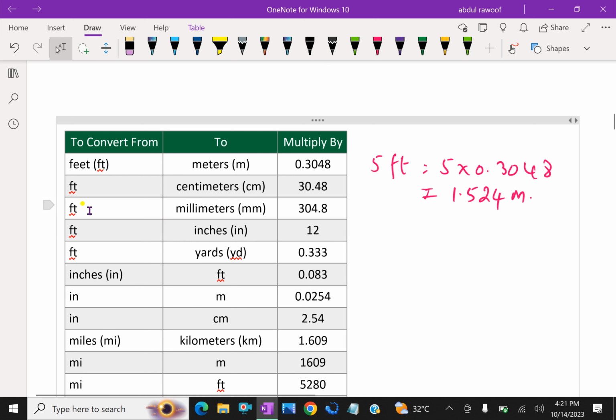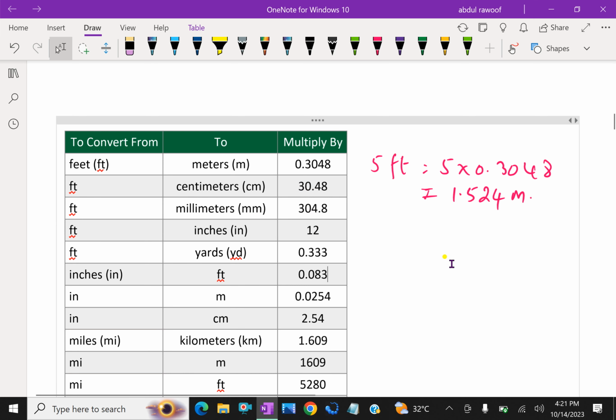Like that, feet to centimeter is multiplied by 30.48, because a meter is 100 centimeters, that is why the factor is 30.48. Feet to millimeter is similar, with factor 304.8.